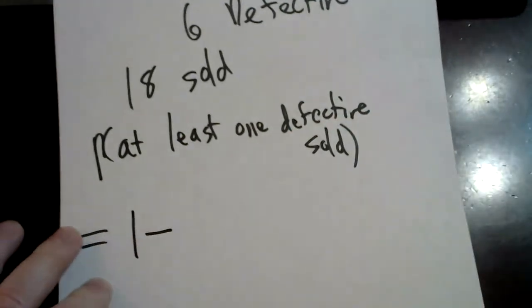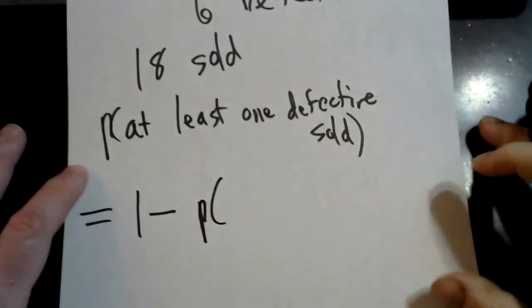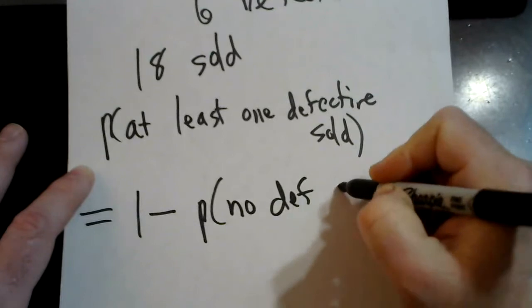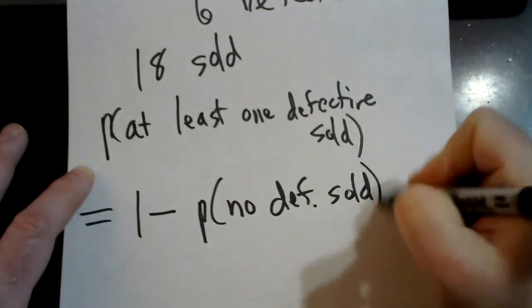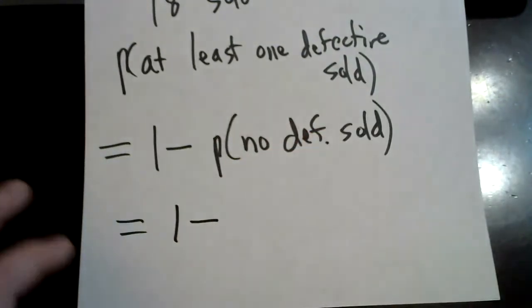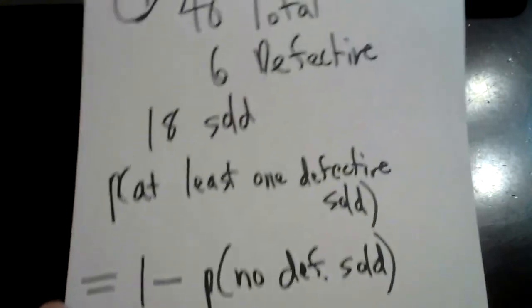So, what is the complement of at least 1? It is none. So, I really just have to find 1 minus the probability that no defective cameras were sold. All right. And that's the tricky part. That's where they give us a nice little hint in the problem, and I think you get one on the online homework too. So let's see if we can figure that out.